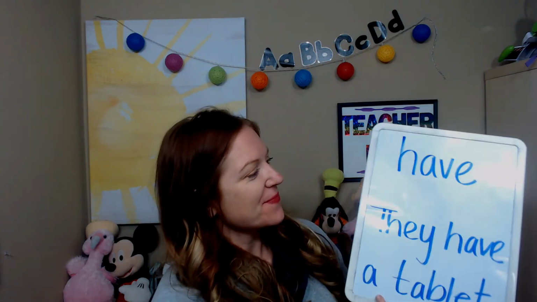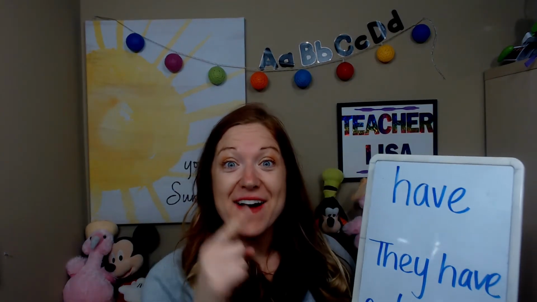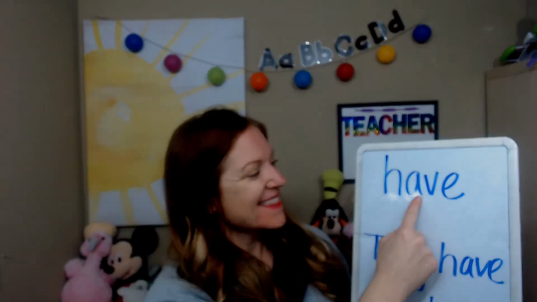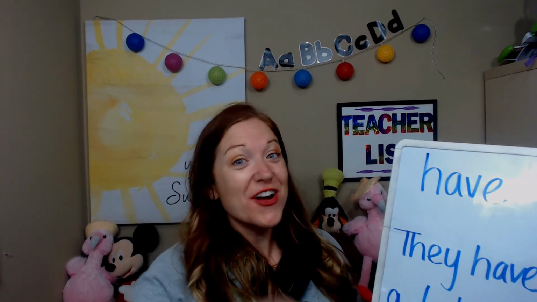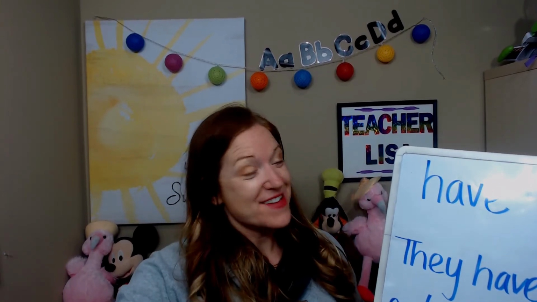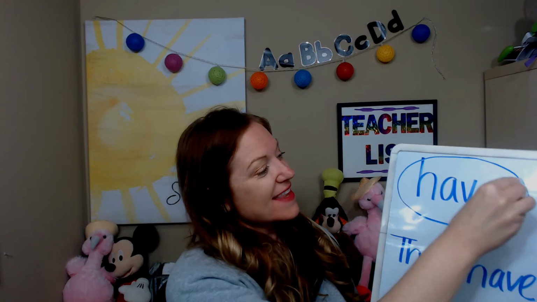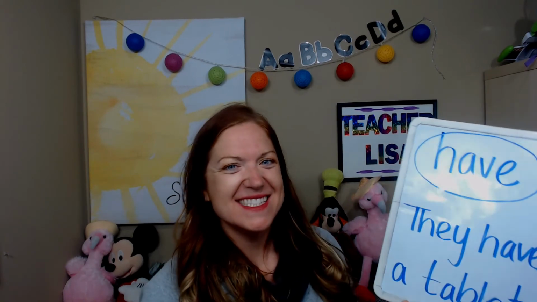Awesome. Now I'm going to show you the word have, the vocabulary word have, and show you an example. So here we go. Have. Have. Yes, great job. Circle have. Yes.